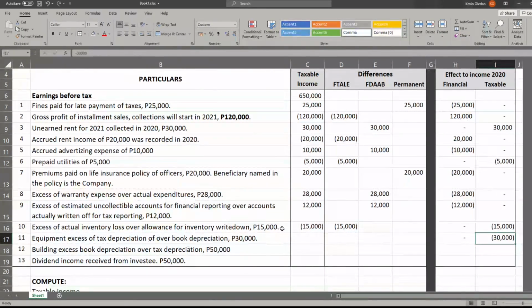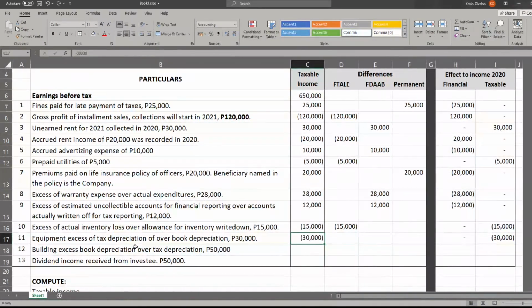And since mas mataas ang tax purposes na depreciation mo, kailangan mo din dagdagan ang depreciation when it comes to your computation for taxable income. So itong negative 30,000 na to, it is additional depreciation. Because what you recorded in arriving at 650 is lesser than that. Additional tax depreciation to.